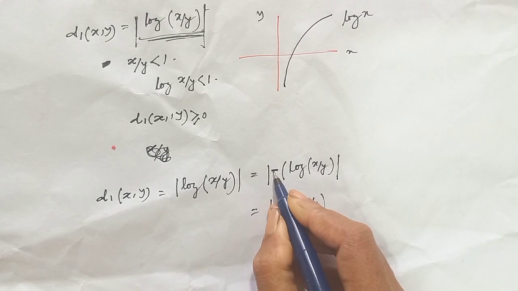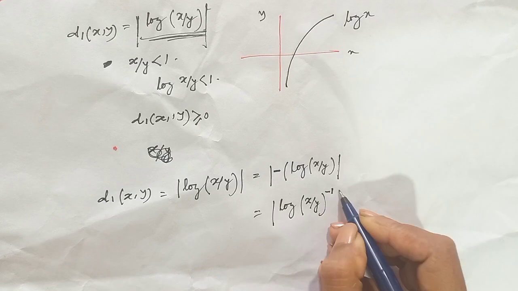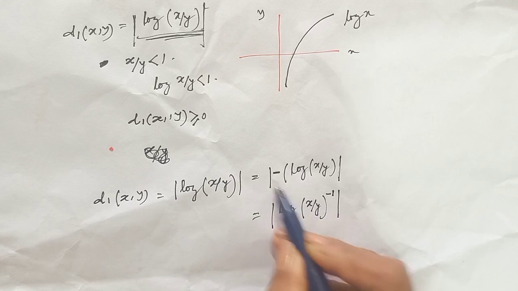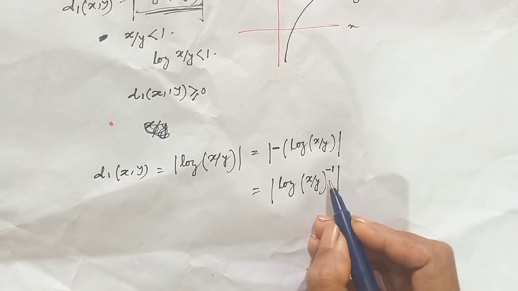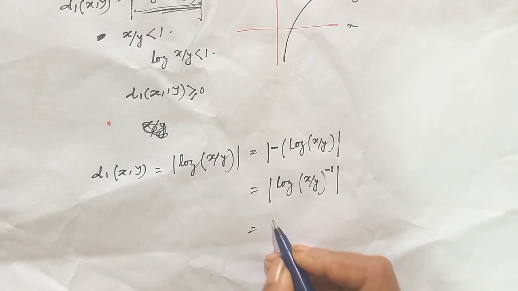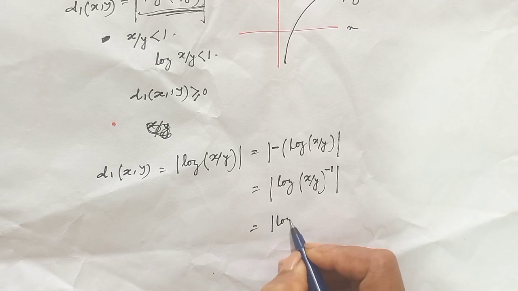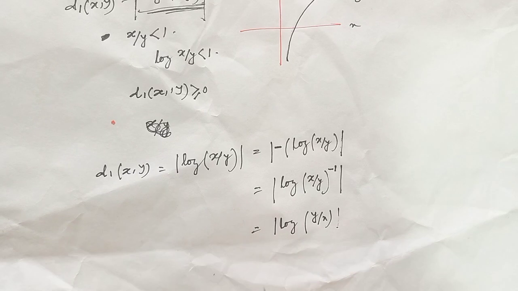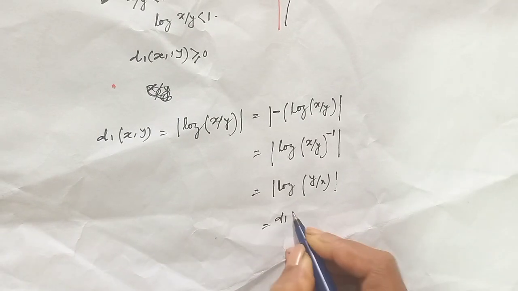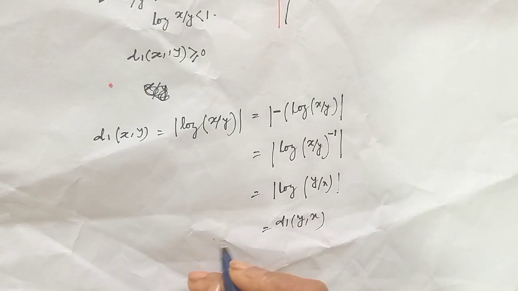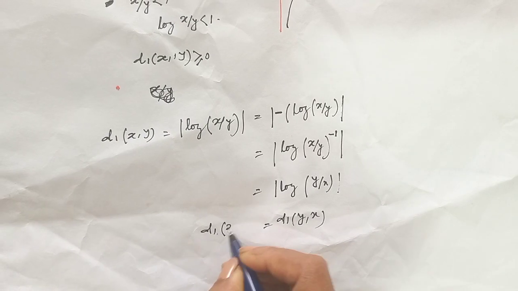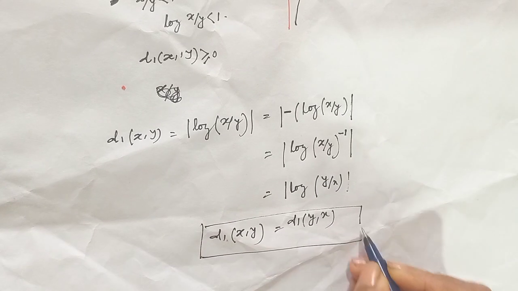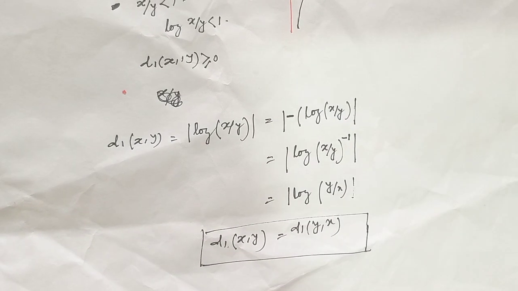Here we can write this power as the inverse, because by the property of log, this means this, and this means the absolute value of log(y/x), and this is actually d1(y,x). That means d1(x,y) = d1(y,x), so the symmetric property has also been satisfied.